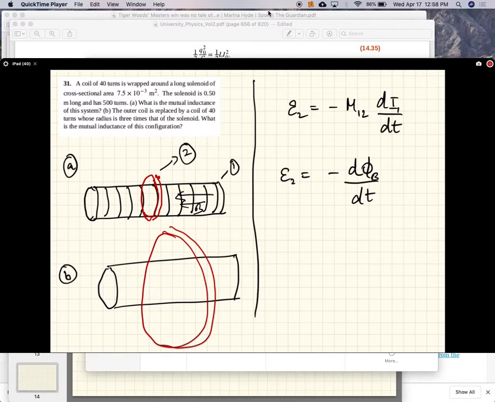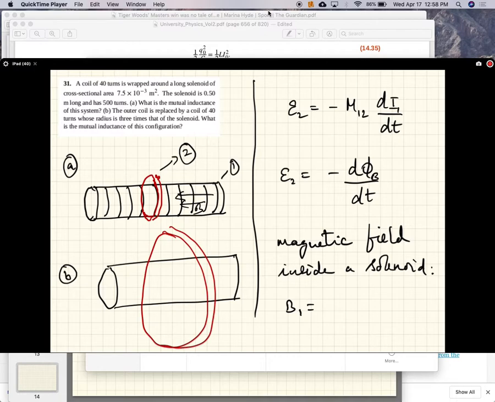Now the magnetic field inside a solenoid is given by, I'll call it B1 because it's in coil 1, mu naught N1 I1. N is the number of turns, and all subscripts 1 correspond to coil 1.